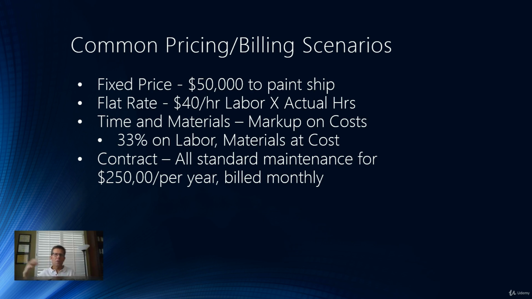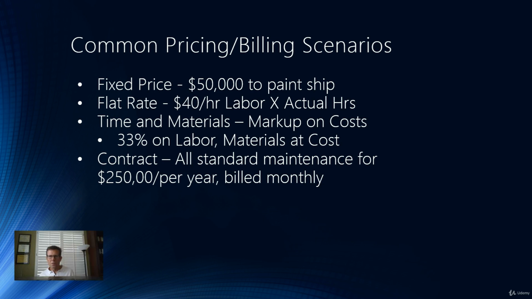So regardless of all these different types of labor, you're going to charge the customer just a flat hourly rate, in this case of $40 an hour. Even though you may be using a mix of, let's take electricians. You may have junior electricians that you pay $20 an hour, and you may have senior electricians that you pay $45 an hour. Regardless of who you use to do the work, you're going to just charge a flat $40 labor to the customer. Then you multiply that by the actual hours.